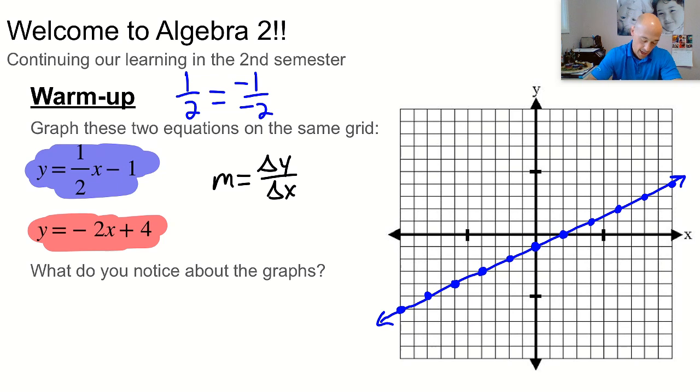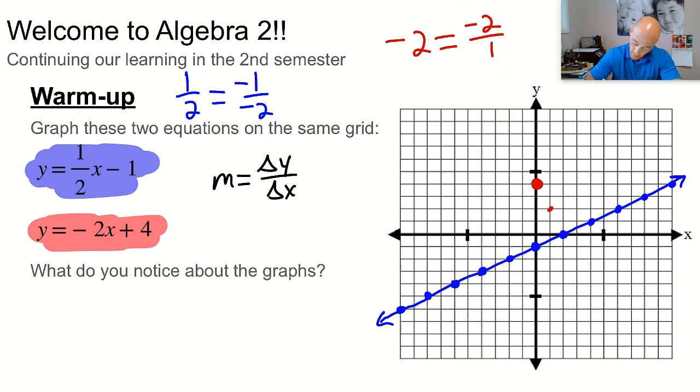All right, the red equation has a y-intercept of 0, 4. 0, 4 is right there. And it has a slope of -2. Remember that a slope of -2 is equal to -2 over 1. So that says to go down 2 and to the right 1.